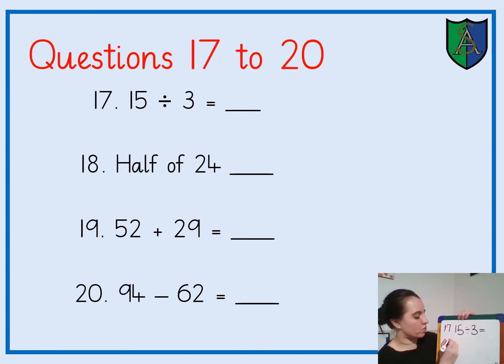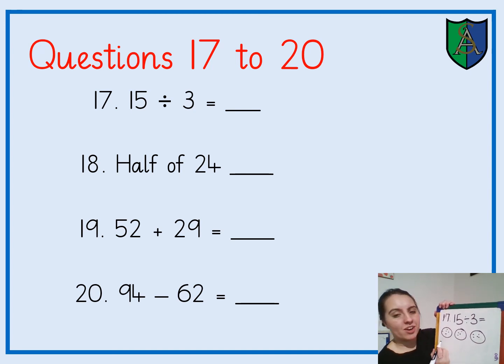So let's draw those groups. 1, 2, 3. And we're going to share 15 between those 3 groups. So again, I'm going to draw dots until I get to 15. 1, 2, 3, up to 15. There we go. And we stop because we're at 15.